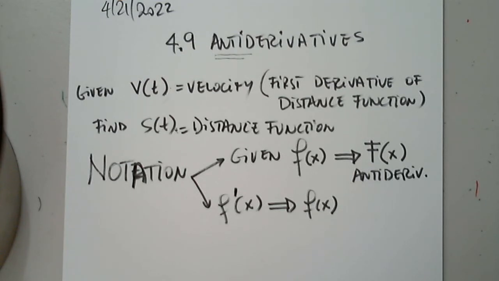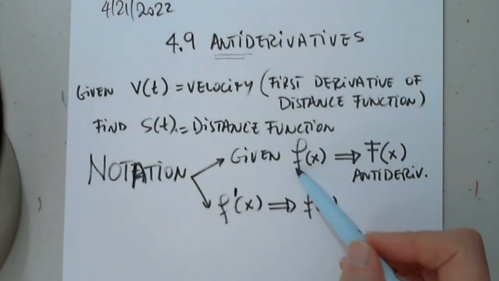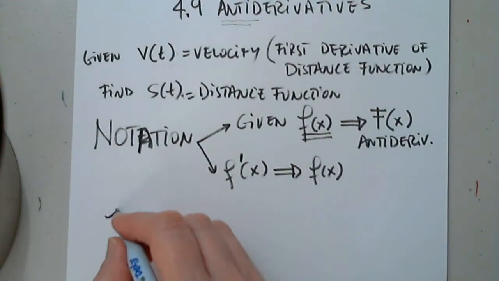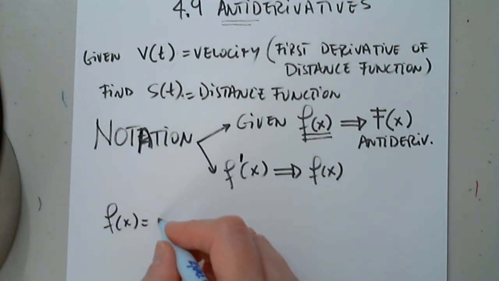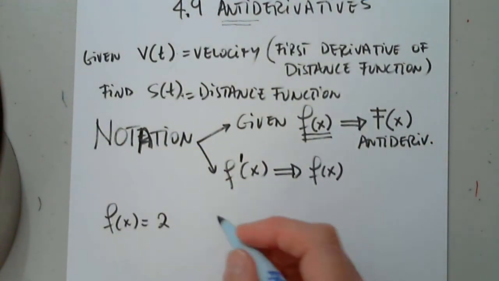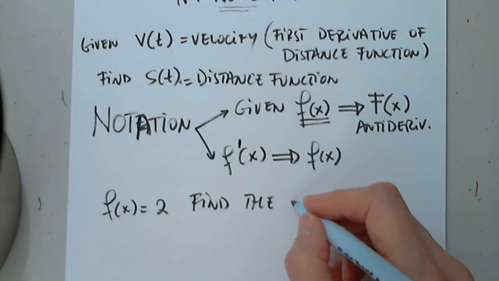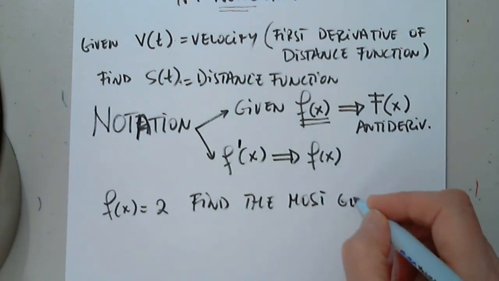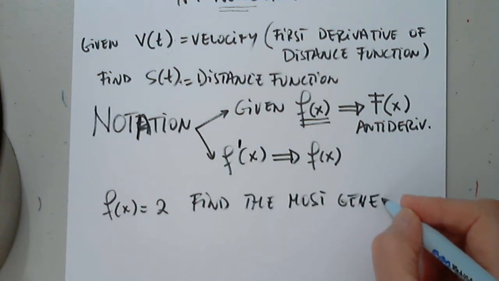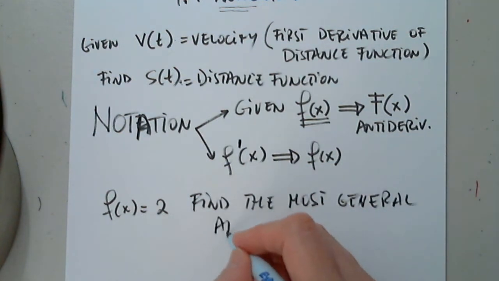So if I'm given a function, for example, f of x equals 2, find the antiderivative. And I'm going to say the most general antiderivative.